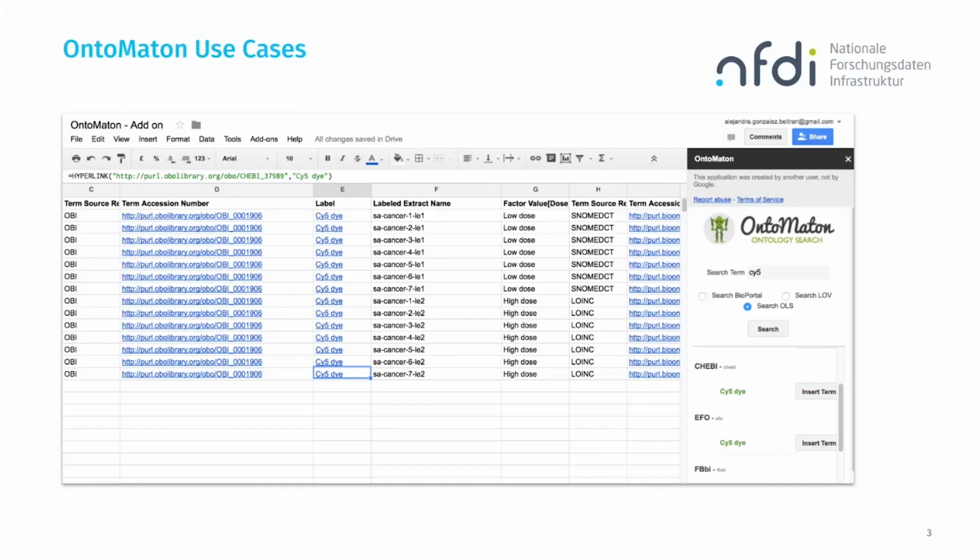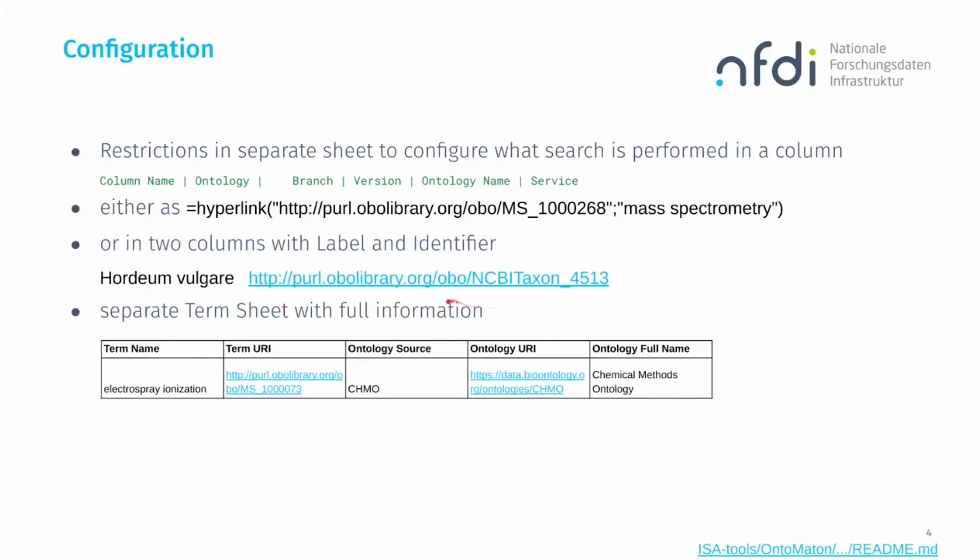If you make a random search in the ontology lookup services, then they blast you with results and you have no idea where to go for your preferred labels. And that can be configured here as well. So that is done by restrictions, which go into a separate sheet to configure what search is done where.